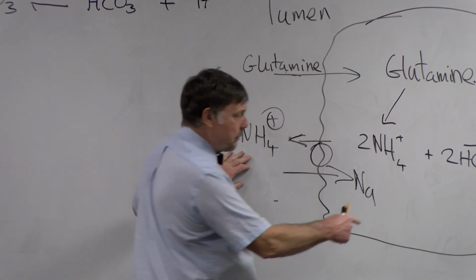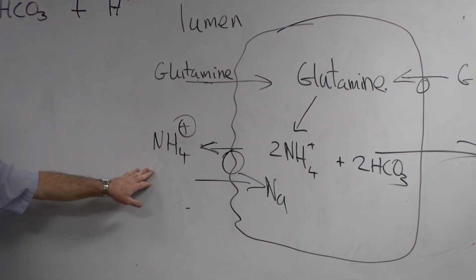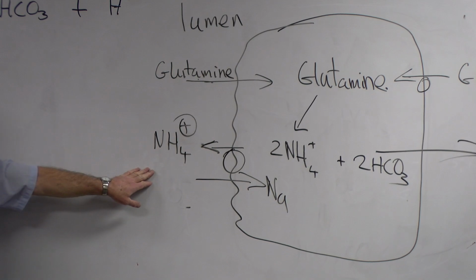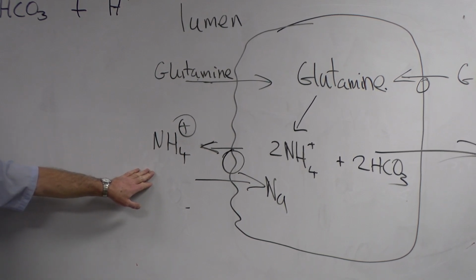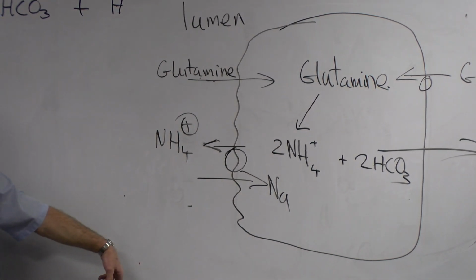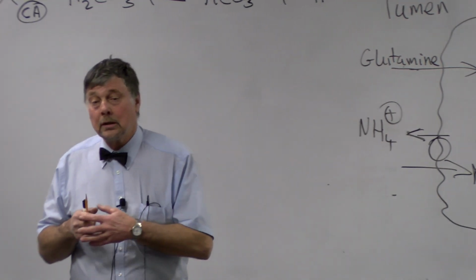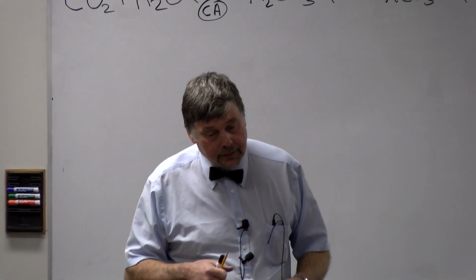Oh, and by the way, we added new bicarbonate to plasma, which is consistent, right? We wanted to get rid of acid. It's the same thing as adding bicarbonate to plasma and excreting the acid. Let me say that again, and I'll read it directly off here.